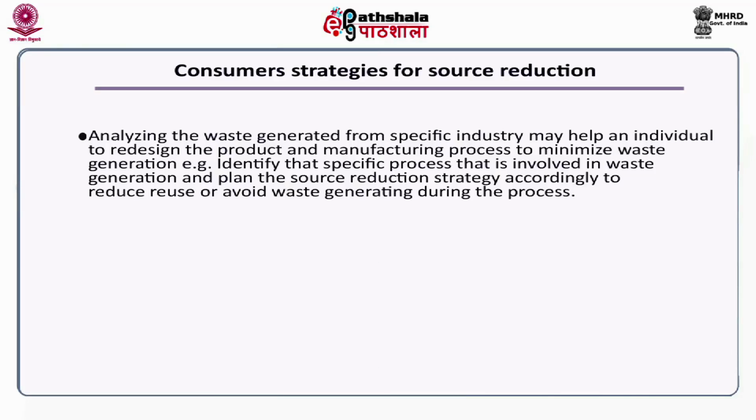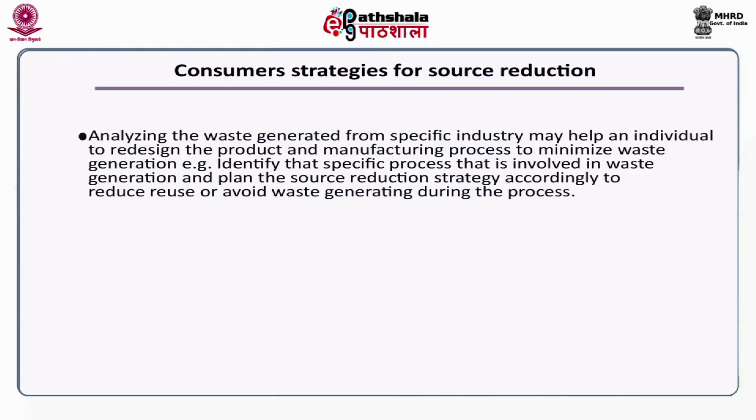Now, analyzing the waste generated from a specific industry may help an individual to redesign the product and manufacturing process to minimize waste generation. For example, identify those specific processes that are involved in waste generation and plan the source reduction strategy accordingly.